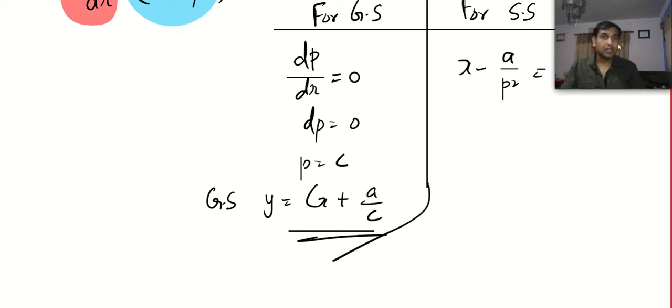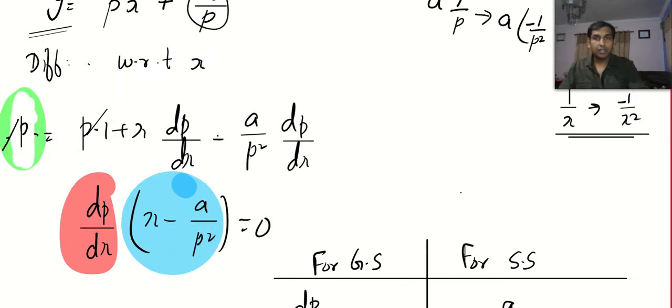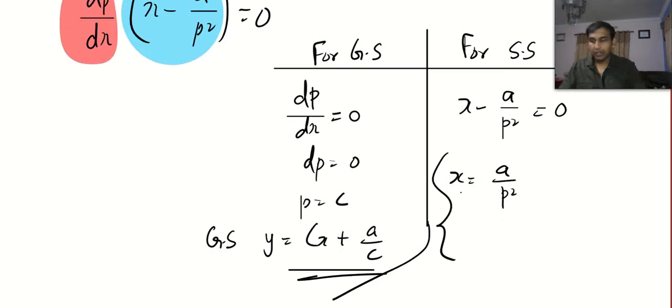Now comes the other part. So we have x equal to a by p squared, and I'll put it in that y. So we get y is equal to p into x. So that will be p into a by p square plus a by p.